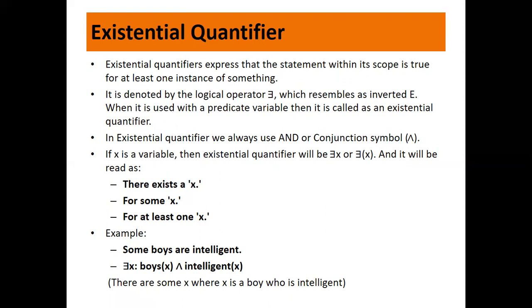So if x is a variable, then the existential quantifier will be there exists x, and it will be read as there exists x, for some x, or for at least one x. So this symbol has all these three meanings. Again, an example: some boys are intelligent. Whenever you are saying some, you are not saying all, so this symbol will come here. x is a variable which represents boys.